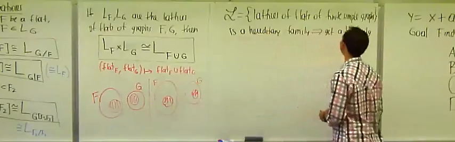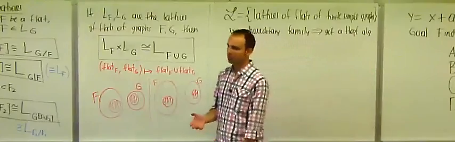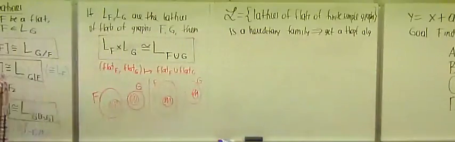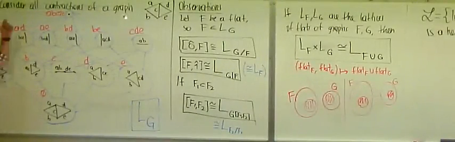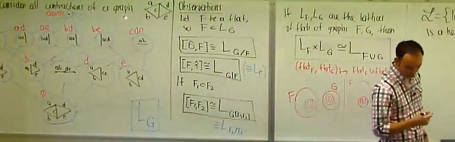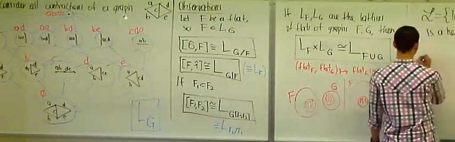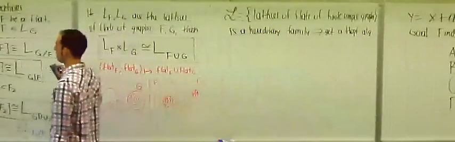Now, the elements of this Hopf algebra are lattices of flats of graphs. For example, a basis of that algebra is this lattice. But I think it's going to be much easier for us to think that the element is not the lattice, but the graph. Okay, and so instead of writing everything in terms of the lattices, let's write everything in terms of the graphs. So let me just go over here.